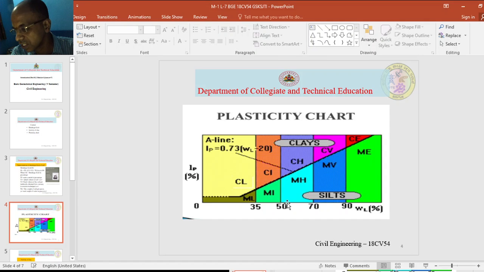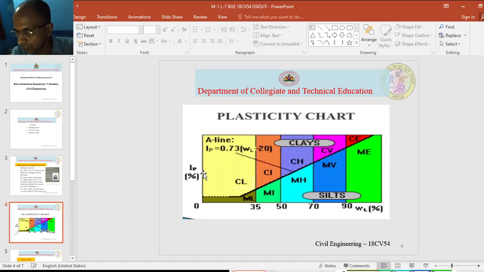Similarly, if a soil has a liquid limit anywhere between 35 and 50, and the plasticity index, liquid limit minus plastic limit, is above the A line, you call it clay of intermediate compressibility. If it falls below the A line, call it silt or organic soil of intermediate compressibility. Similarly, if your liquid limit is greater than 50, for example the liquid limit is 60 whereas the plastic limit is 20, then the plasticity index is 60 minus 20, that is 40.